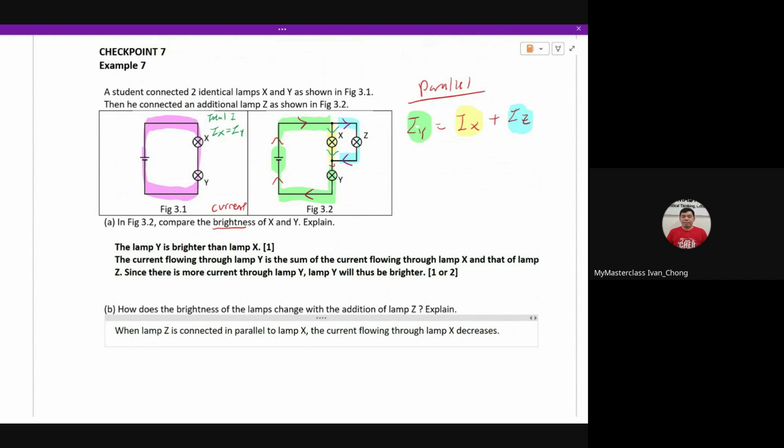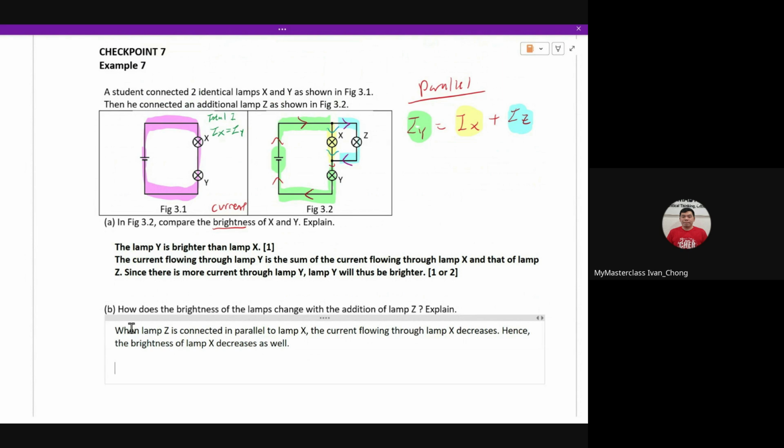Because when you have a parallel circuit, your current now becomes split into two parts. Hence, the brightness of lamp X decreases as well. So this is for lamp X. You can see that X actually becomes dimmer.